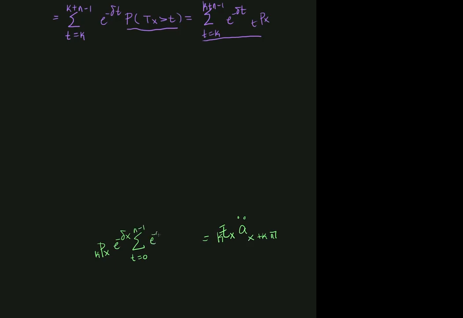And then we have e to the minus delta t and tpx plus k.